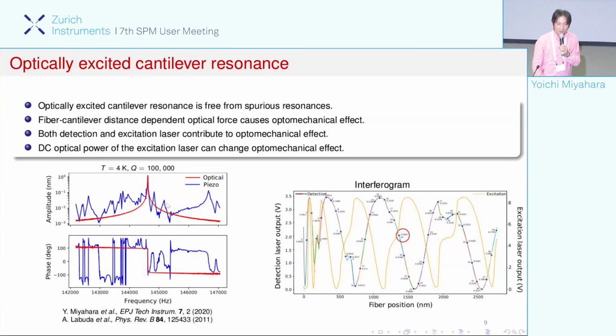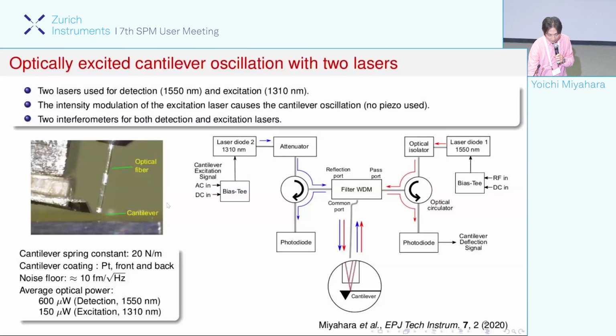To get rid of this issue, we decided to implement an optical excitation system. You can look at this paper for more detail, but essentially we have 2 lasers. One laser is for excitation, and we intensity modulate this laser. This optical force then excites the cantilever, and the other laser is just used for detection.